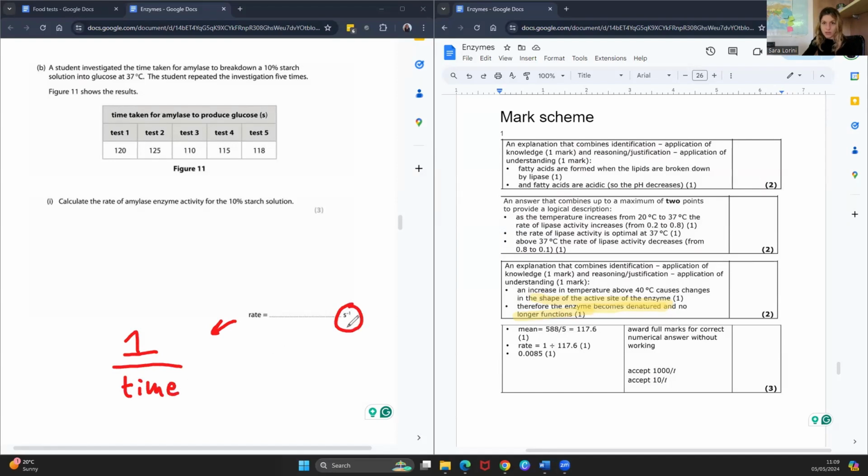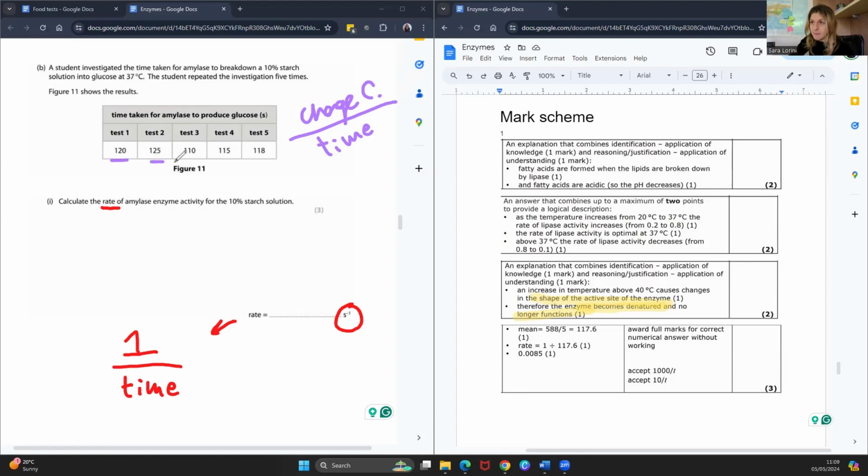Remember, S minus 1 means 1 divided by s. So if we want to calculate the rate, that's what we will have to do because we don't have a change in concentration. If it was, as I said, change in concentration over time, the unit won't be S-1, but will be a unit of concentration over time. That's how we distinguish it.